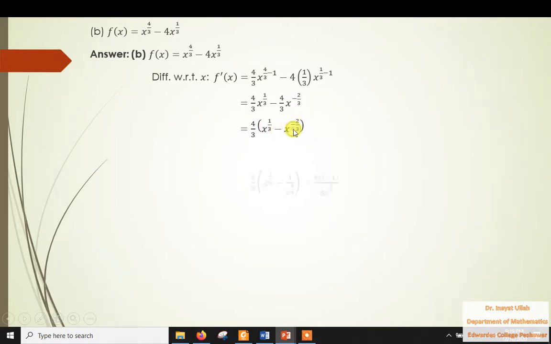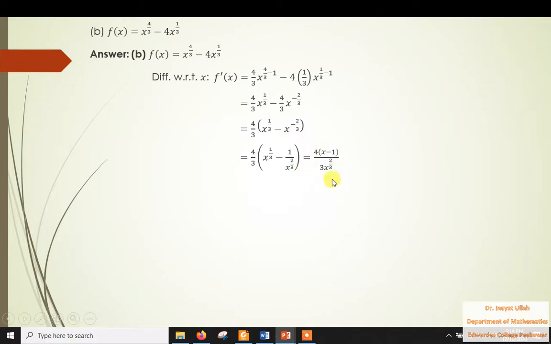Shifting this x towards the denominator and take the LCM of these two terms. x power 2 by 3 is the LCM, 3 is here with x power 2 by 3, and whenever you multiply x power 2 by 3 with x power 1 by 3, the powers will be added, and by taking LCM you'll be getting x power 1. 1 by 3 plus 2 by 3 is x power 1 multiplied by 4 minus 1. So that is actually f prime x.